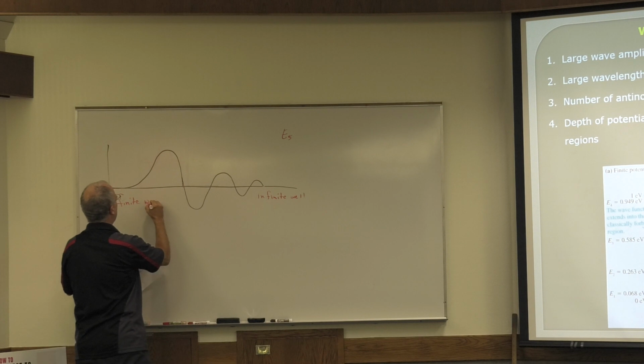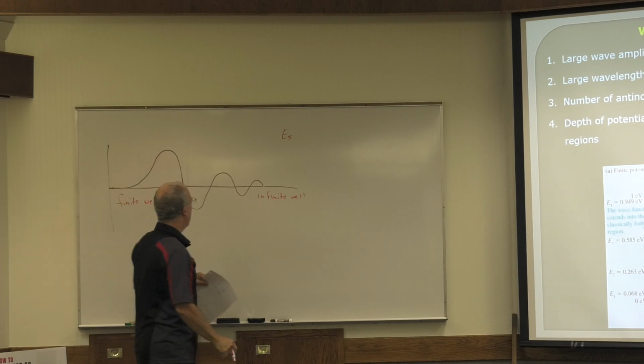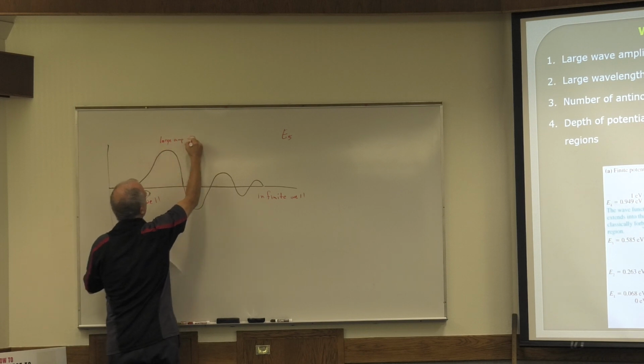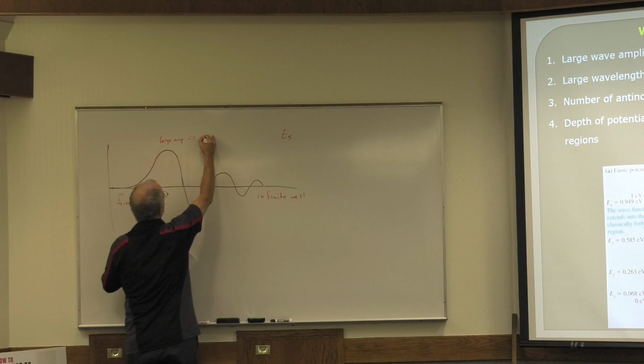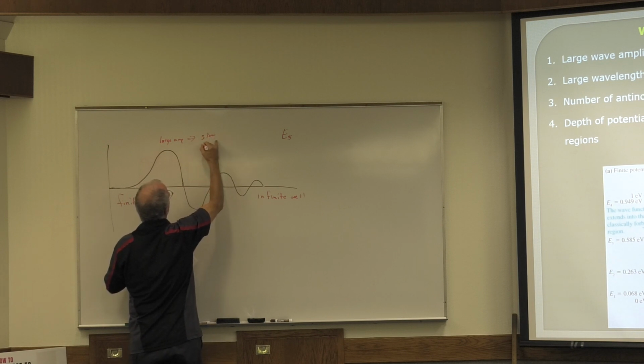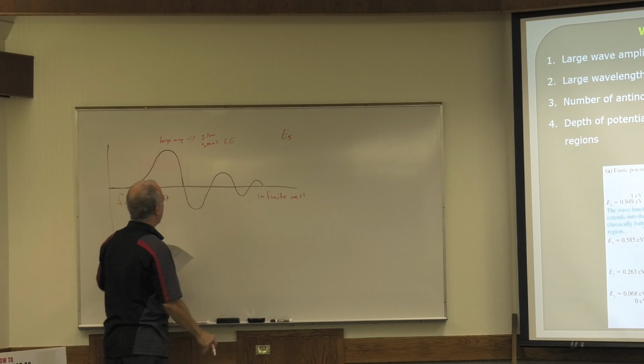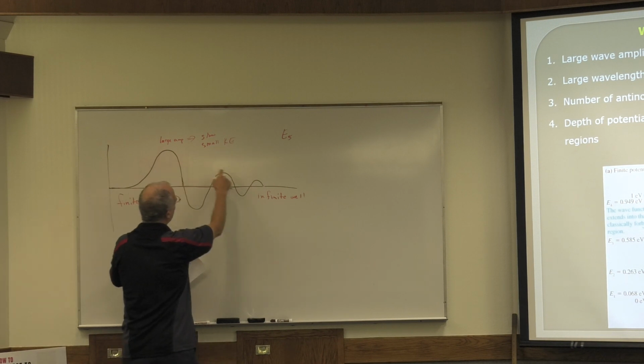Oh boy, that's weird. Okay, now here's large amplitude. And what does that mean? Small kinetic energy, so slow, right? Small KE. And then the amplitude gets smaller and smaller.